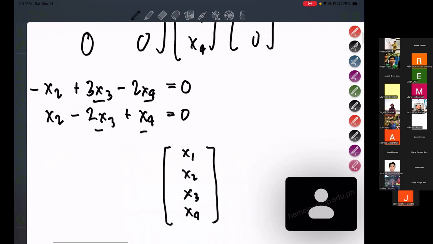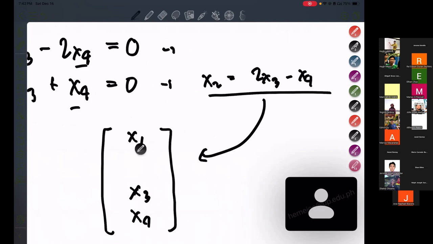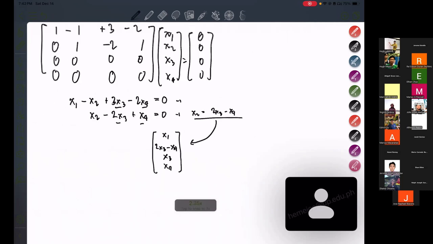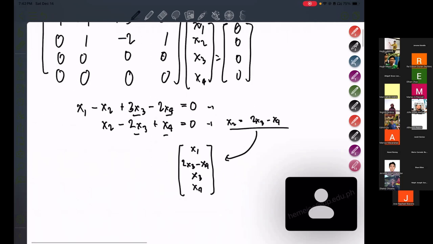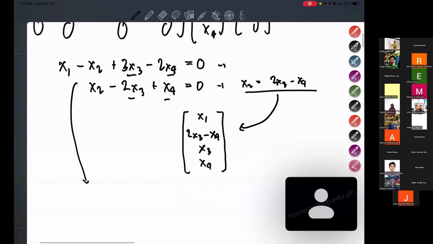We can let x2 be equal to 2x3 minus x4. With this definition, we can plug it inside here, since we have a definition for x2 in terms of x3 and x4.